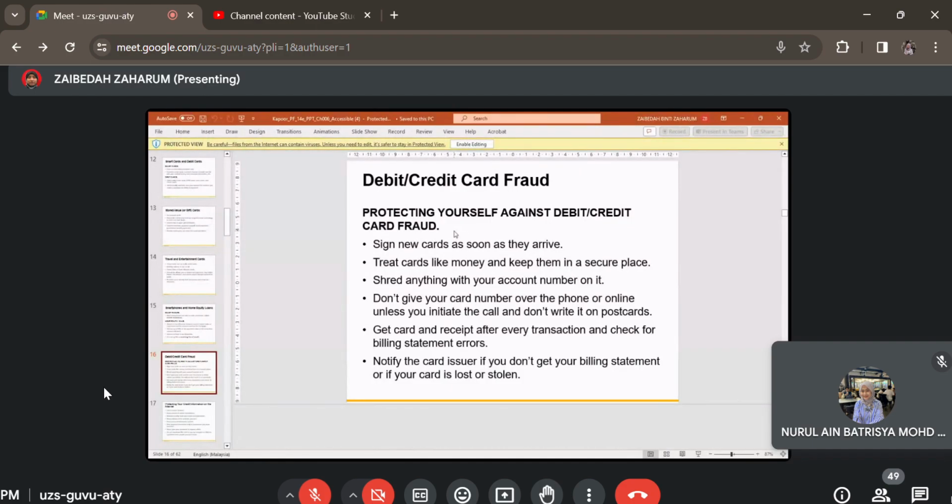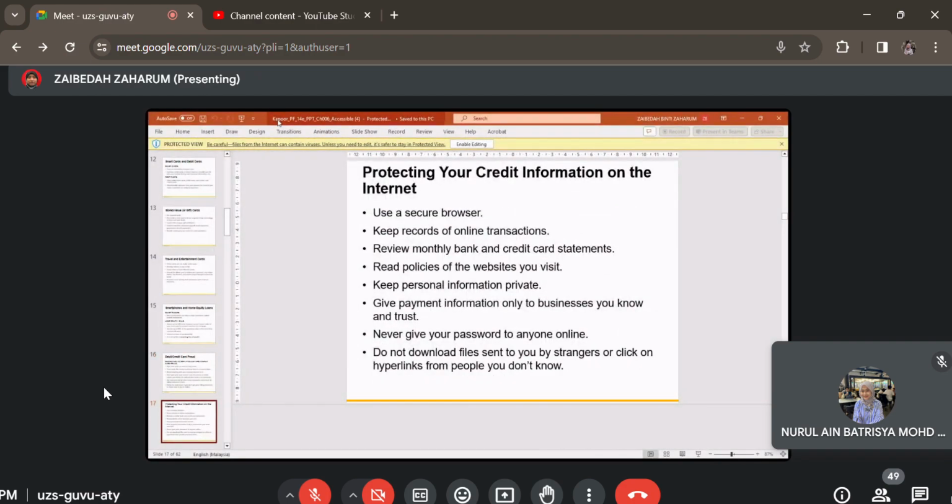Kena simpanlah receipt you tu bila you buat pembelian, and then bila statement sampai you boleh compare kan, betul tak pada tarikh berikut saya ada beli barang ni dekat sini, amount dia banyak ni, you kena compare kan, kena tengoklah, check. And then notify the card issuer if you don't get your billing statement or if your card is lost or stolen. Okay, itu yang basic lah, step yang you have to ambil lah.